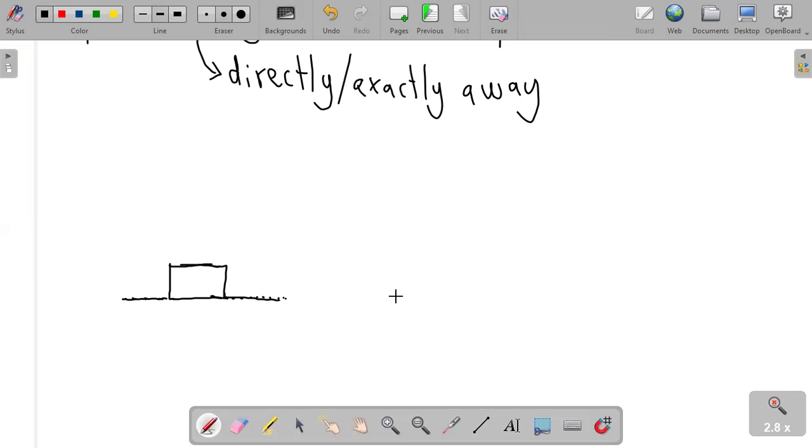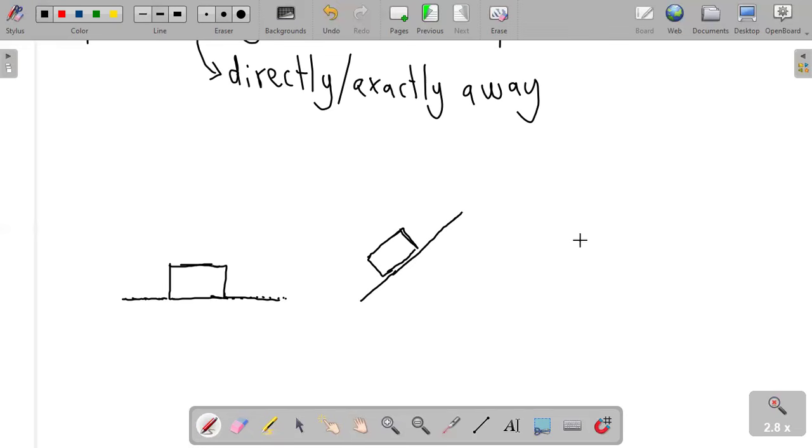Then you have another situation where the same object is resting on an incline. So the surface this time is not horizontal. It's an inclined surface like this.